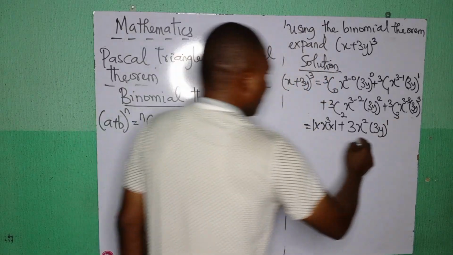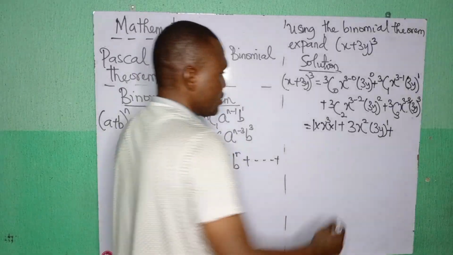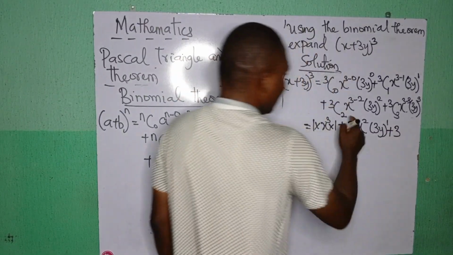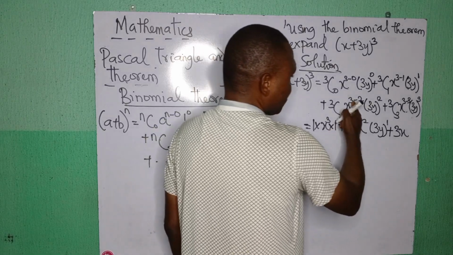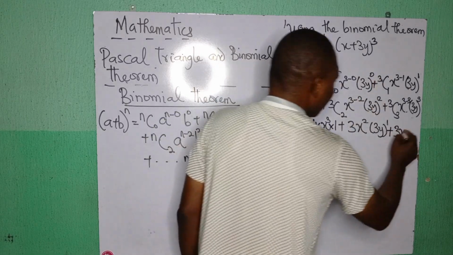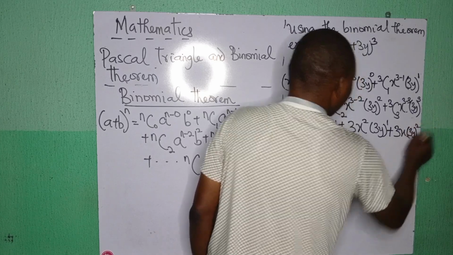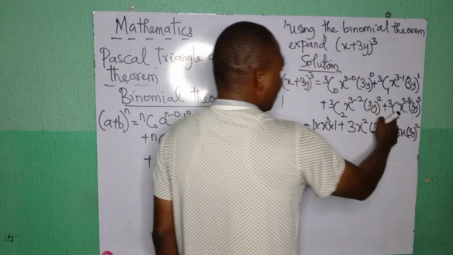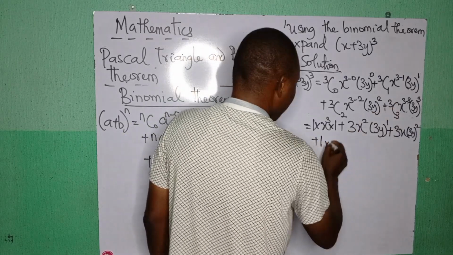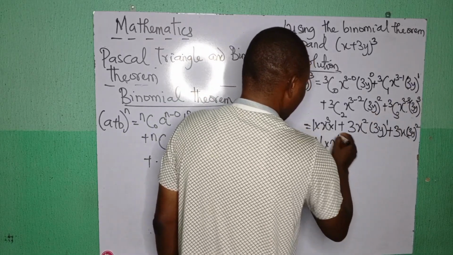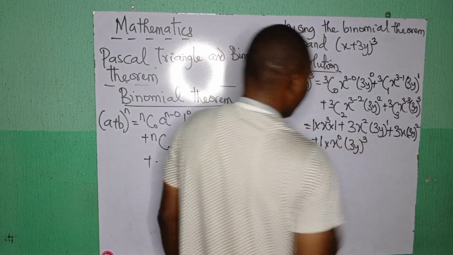Plus 3 combination 2 is still 3. So I'm having 3, x to the power of 3 minus 2, which is 1, then 3y raised to the power of 2. Plus 3 combination 3 is 1, so I'm having 1 times x raised to the power 3 minus 3, which is 0, then 3y raised to the power of 3.